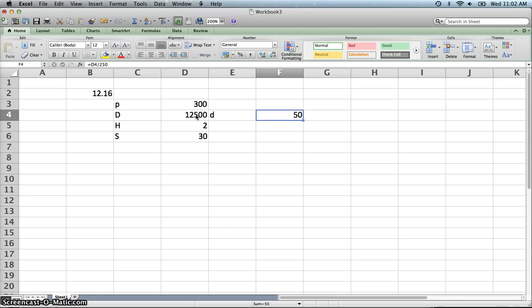They can produce 300 units, but each day they'll actually be selling or using 50 of those units. Holding cost is $2 per item, and then the setup or ordering cost, every time we decide to start producing, is going to cost us $30.